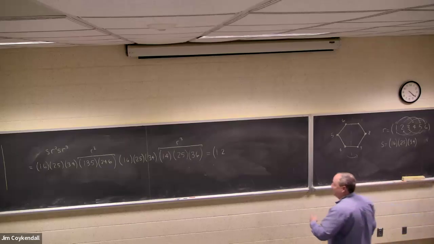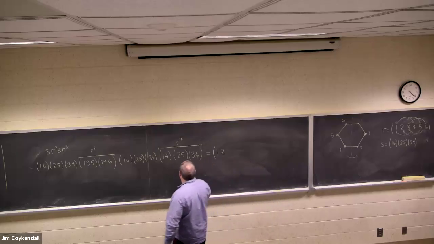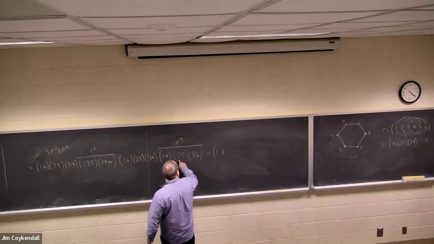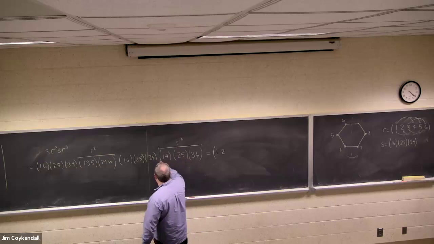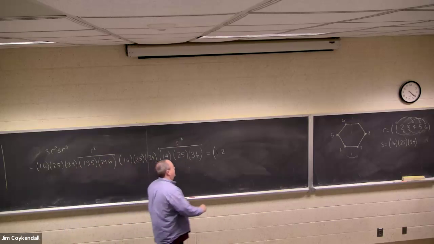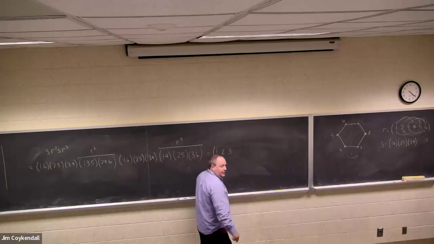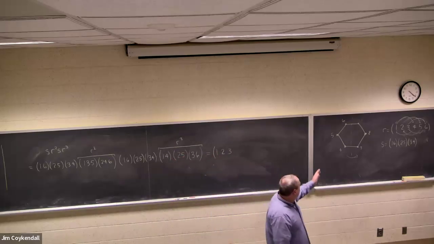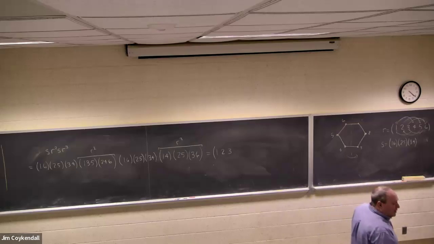It looks like it goes to 3, so it looks like it is the rotation. So it looks like 1 goes to 2, 2 goes to 3. So I think that's kind of it. Let's go after 4, 5, 6. It looks like I accidentally got just the single rotation, right?